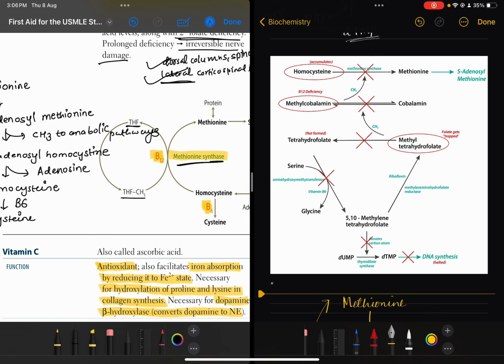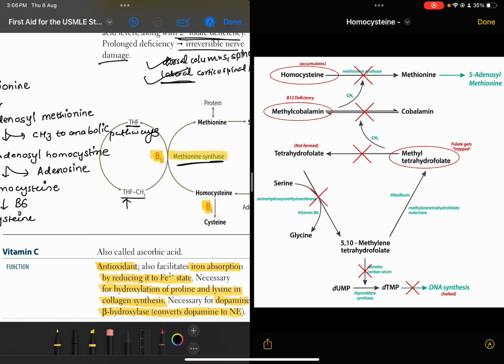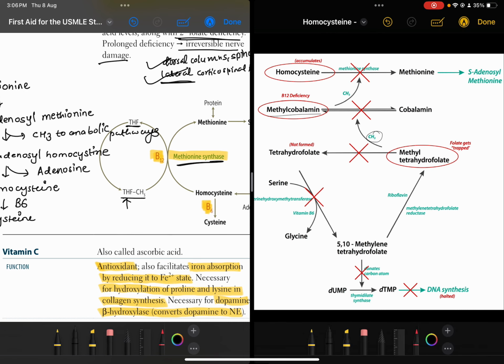First, the methyl tetrahydrofolate will give its methyl group to methylcobalamin, and this methylcobalamin will give the methyl group to homocysteine, and it will be converted into methionine by the enzyme methionine synthase. So this methyl group is originally donated by folate, but via vitamin B12.